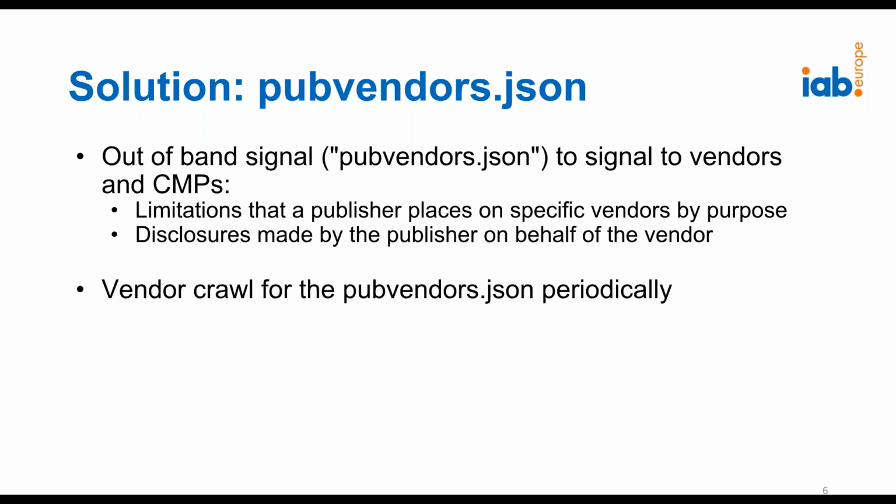The CMPs can read this, so we know what limitation the publisher puts on that we can show inside the CMP, and the vendors can crawl the domains to find this file to get additional information around what the publisher has potentially restricted. If we go to the next slide, please.